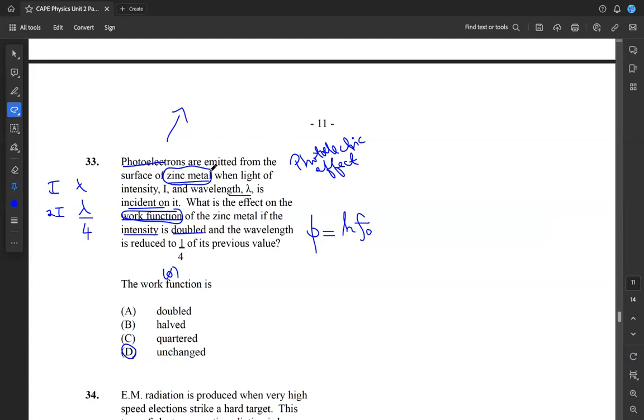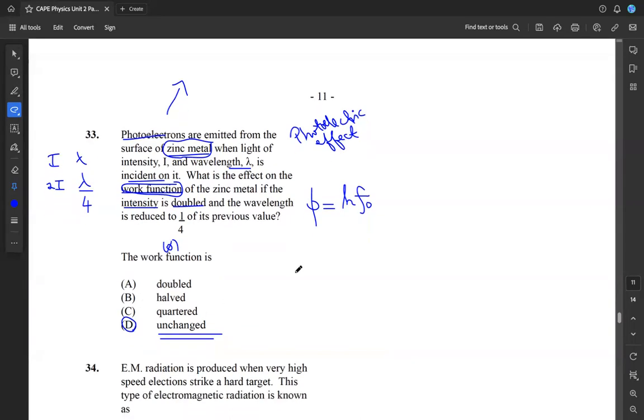And that work function is always going to be what it is no matter what. You can't change the work function of a metal. It just is, right? Zinc will just always need this amount of energy, or this amount of light to be shined on it, for it to lose an electron. So the work function is not going to change. You cannot change the work function.